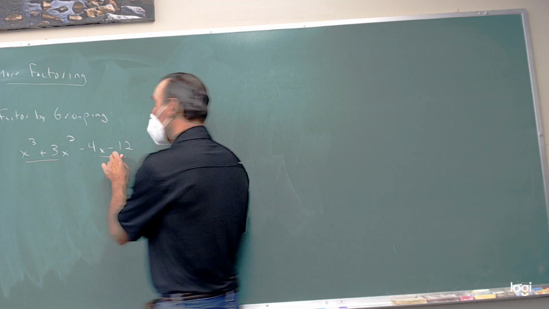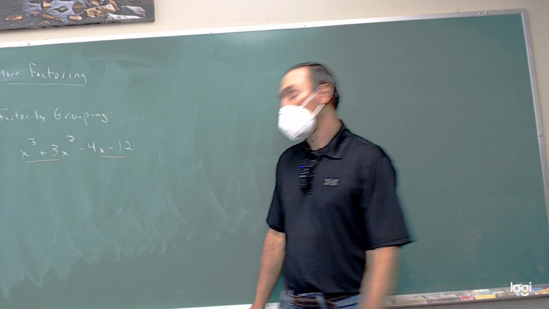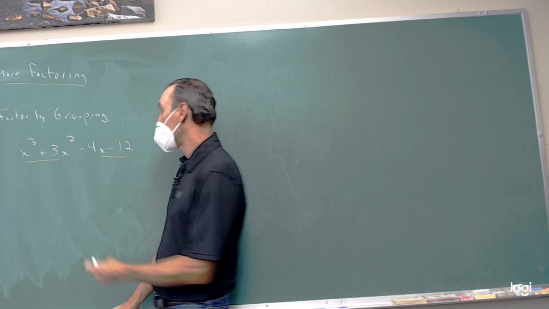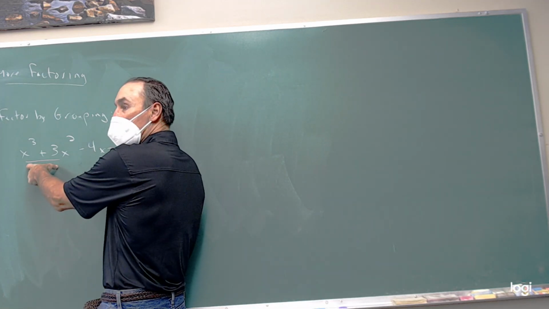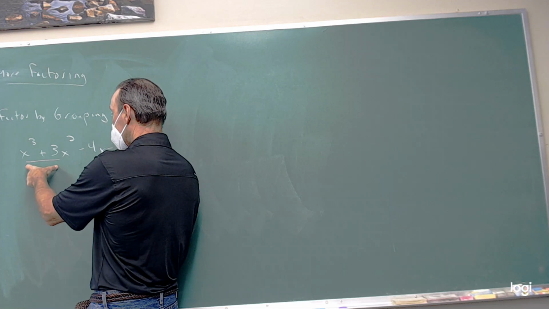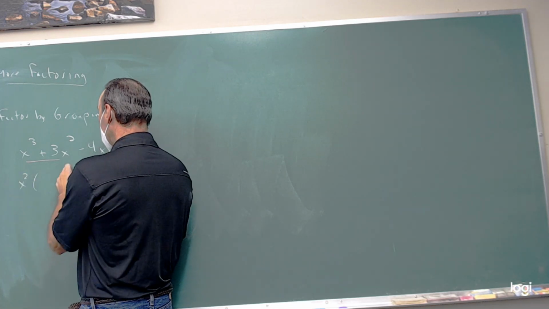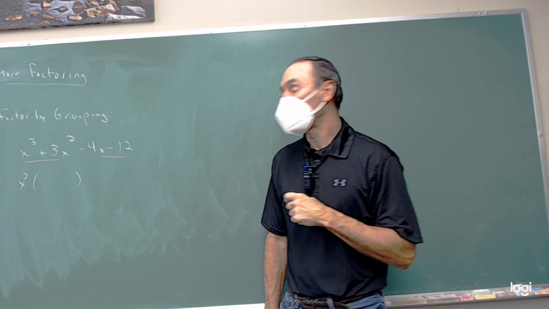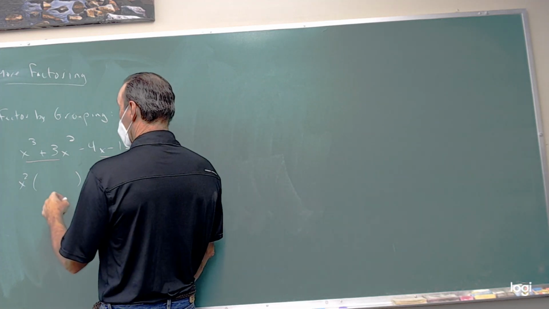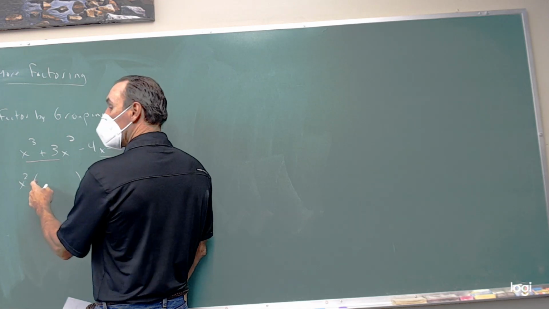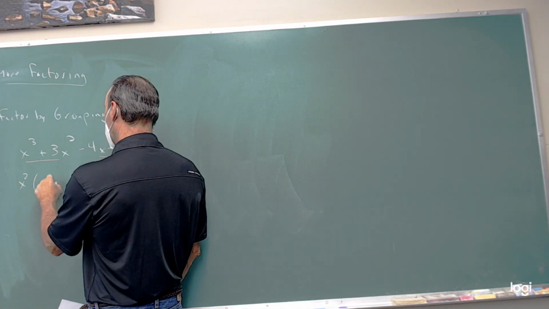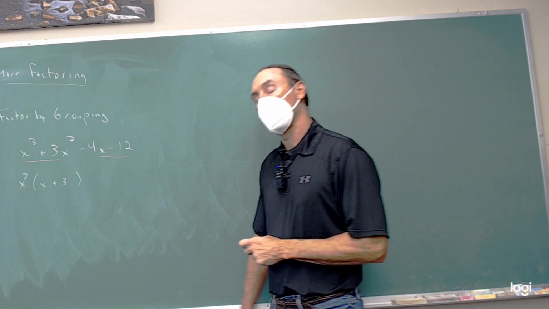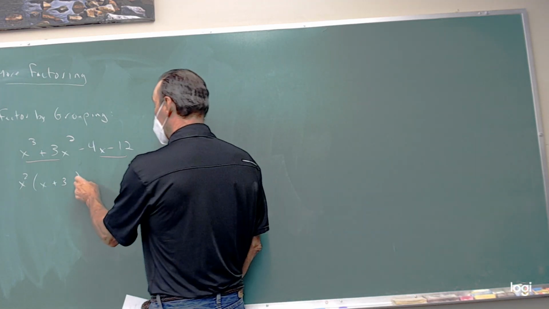So the idea is we pair these up, and then we factor out the greatest common factor out of each pair. So between the first two, the greatest common factor is x squared. And that will leave behind, after we factor an x squared just out of the first two terms, an x plus 3. In the second two terms, the greatest common factor is -4.